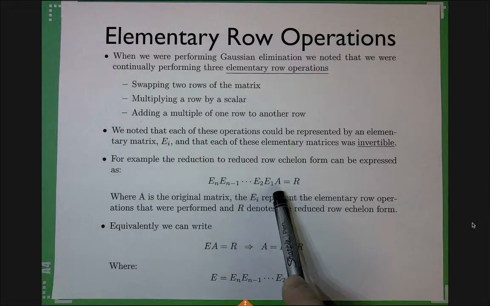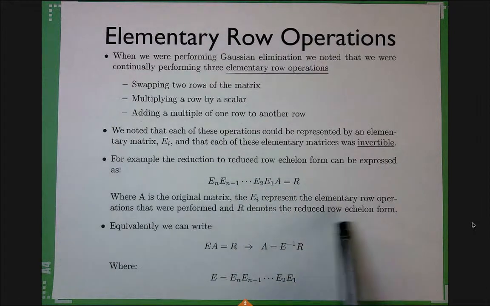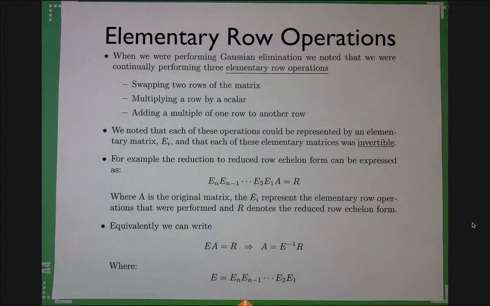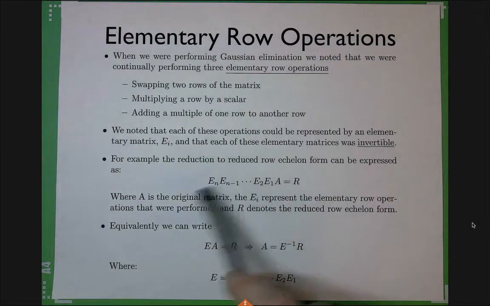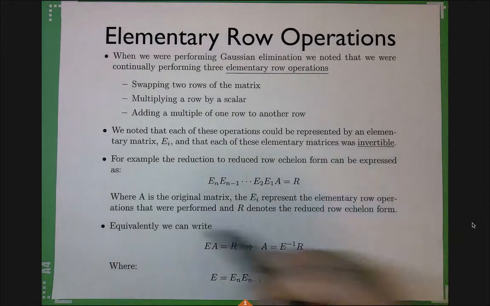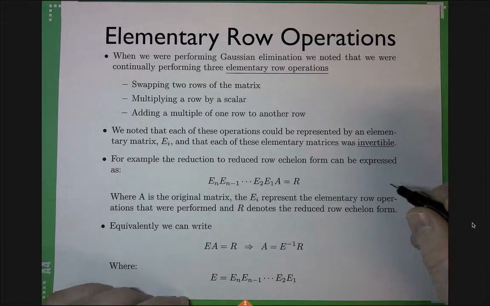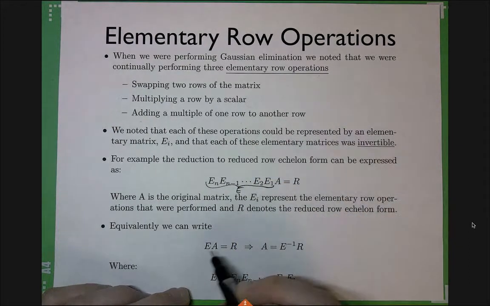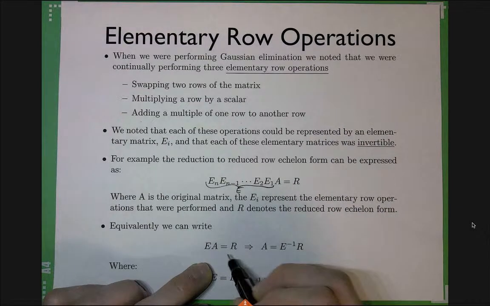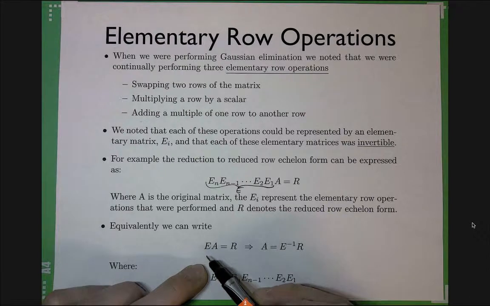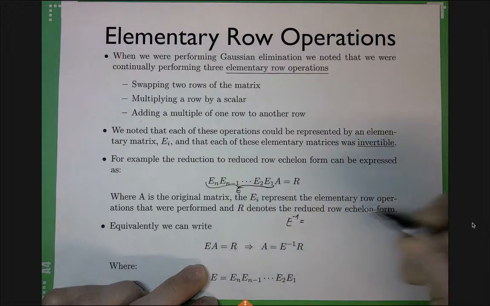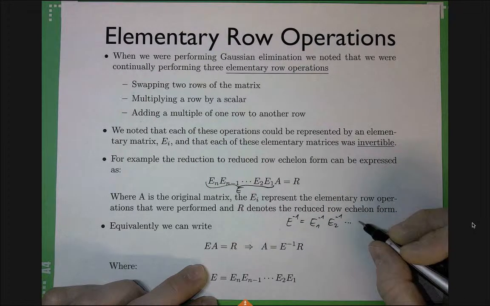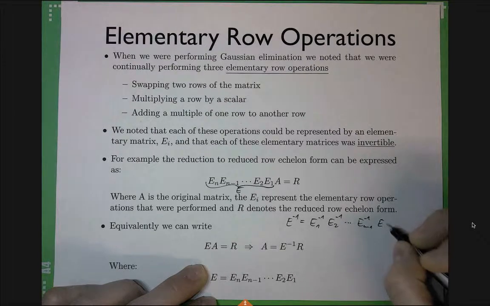So A is the original matrix we started from, E are the elementary row operations, and R is in reduced row echelon form. And because we can invert all of these, and now you know how the inversion works, I can write this as EA equals R. Because all E's are invertible, the inverse is E1 inverse, E2 inverse, and so on, to En minus 1 inverse and En inverse, right?